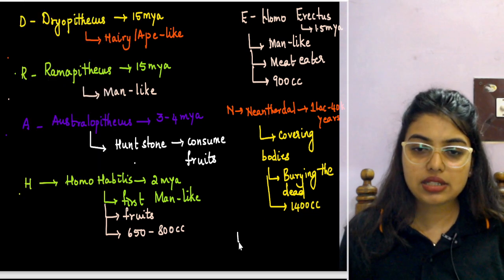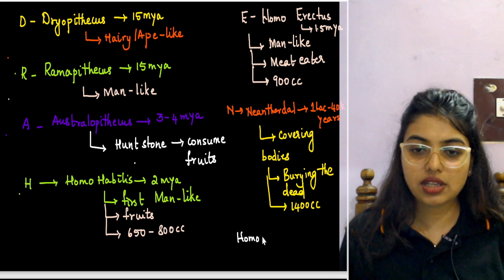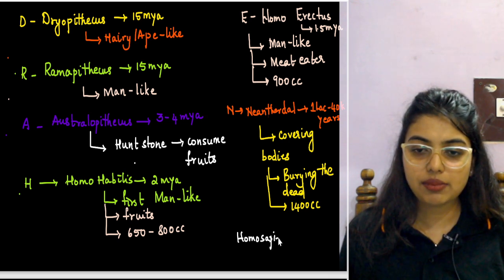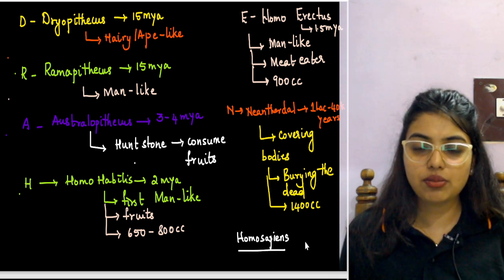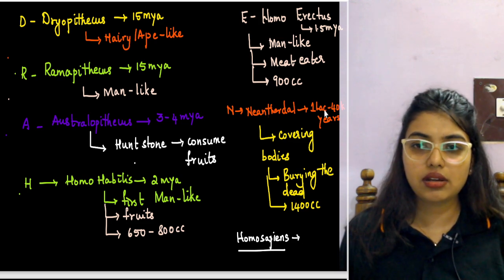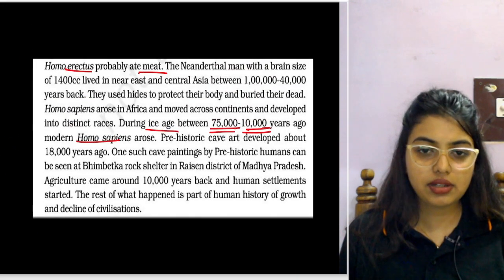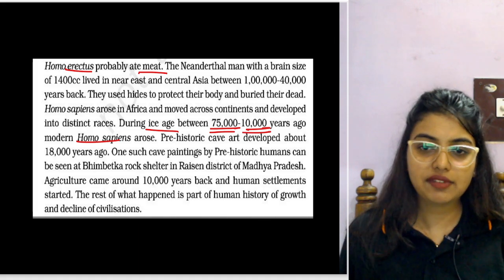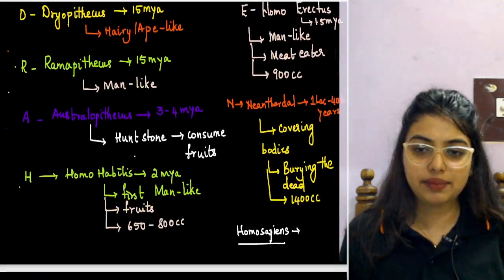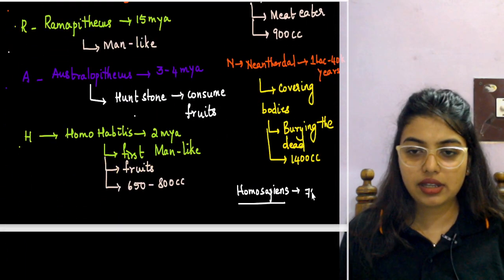Last one was Homo sapiens, which is us. This Homo sapiens, here what is the date given? 75,000 to 10,000 years back.